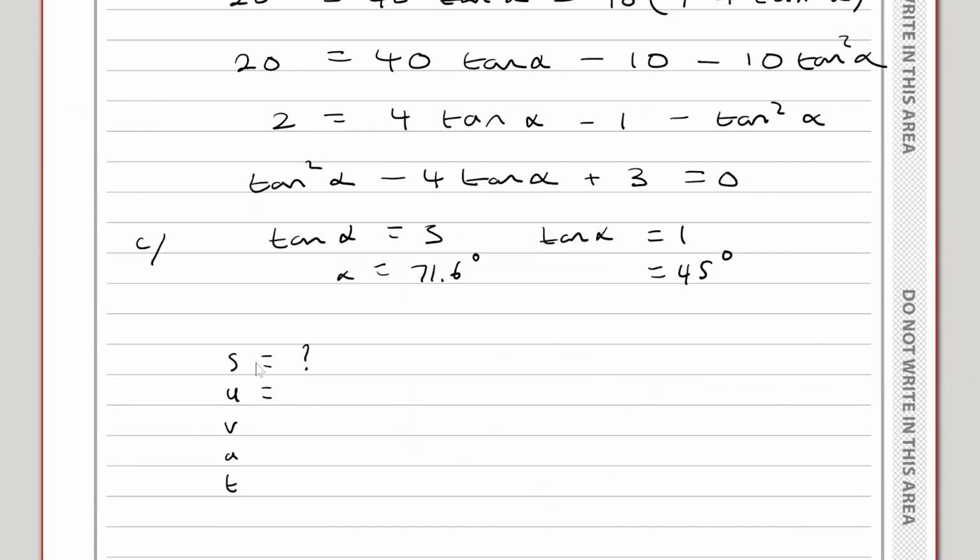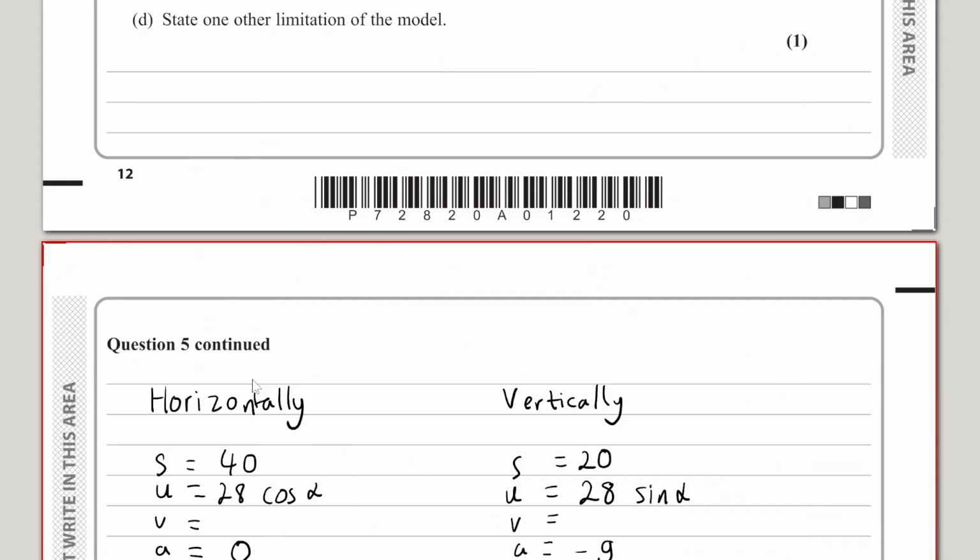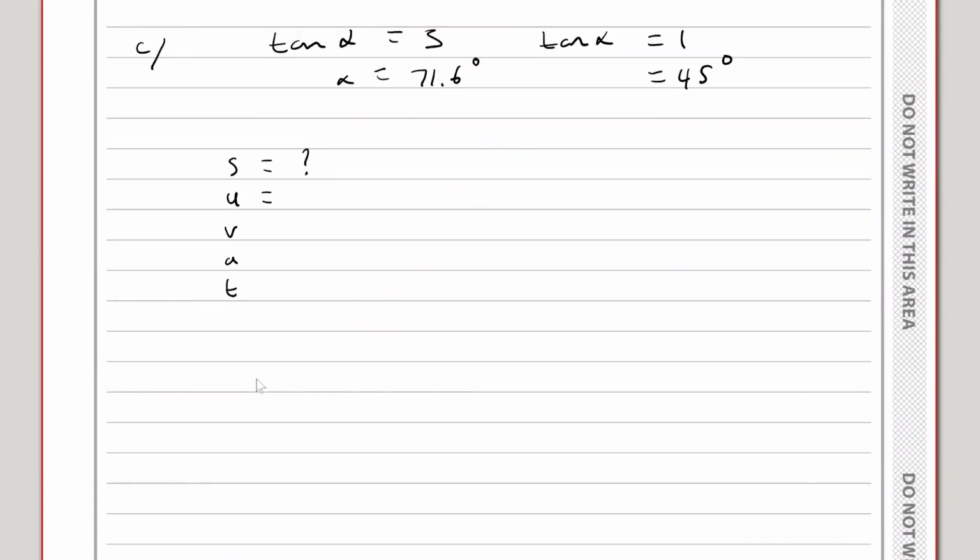We know its initial vertical velocity was 28 sine alpha. Its velocity is 0 at its greatest height, and its acceleration is -g.